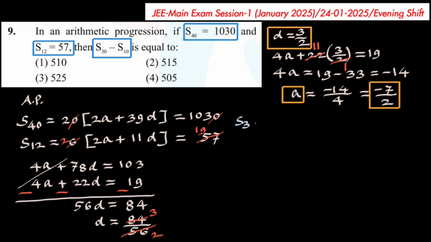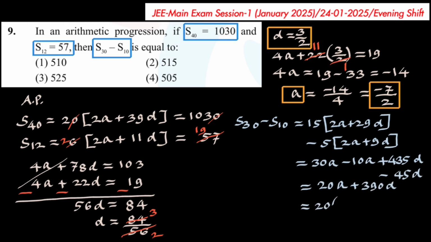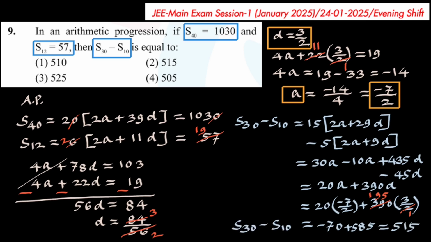Now S30 minus S10 will be 15 into 2a plus 29d minus 5 into 2a plus 9d. 30a minus 10a plus 435d minus 45d. 20a plus 390d. 20 into minus 7 upon 2 plus 390 into 3 upon 2, minus 70 plus 585, that will be 515. So the correct answer is option 2, 515.